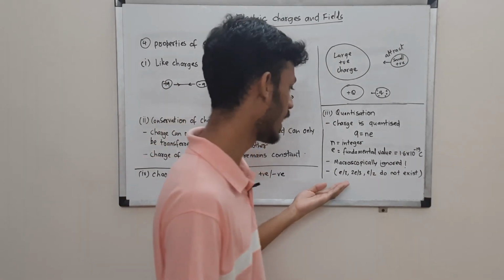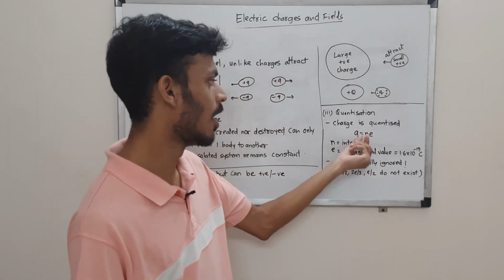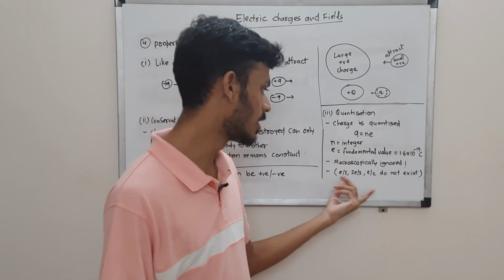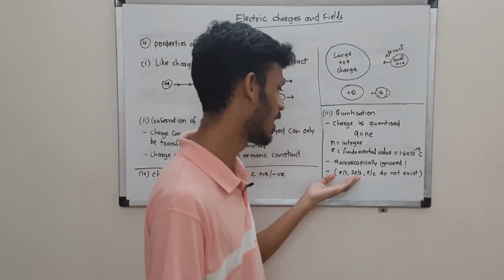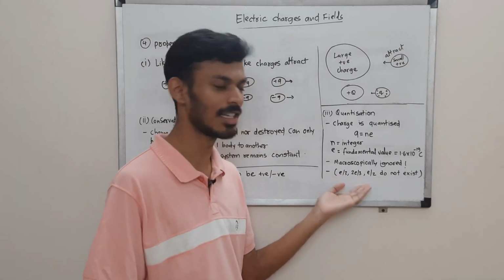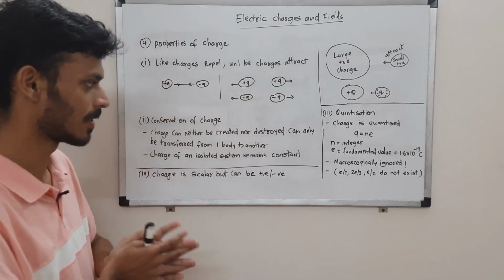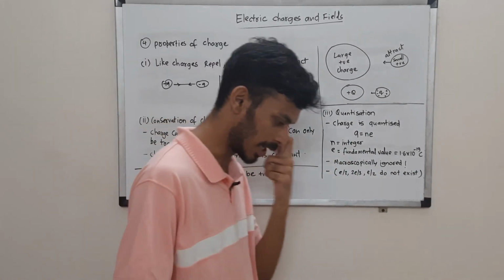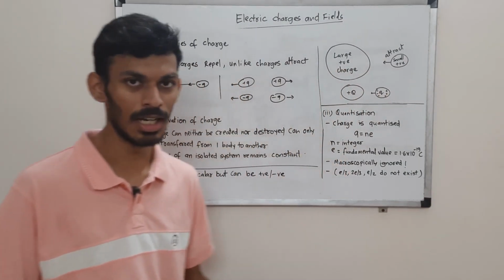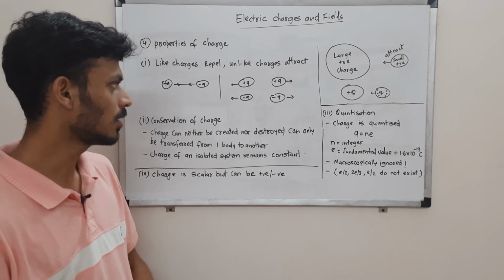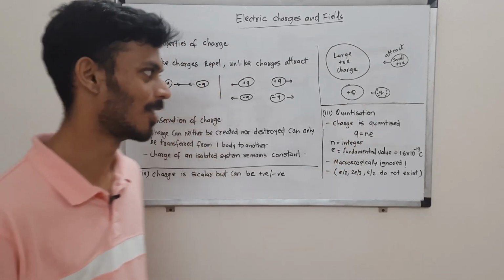Charges like e/3, 2e/3, some fractional value of e, do not exist. Although we have found up quarks and down quarks which have charges like this, those don't come in our discussion. Those are not very fundamental charges, if I speak of. So that's the long story short about quantization.